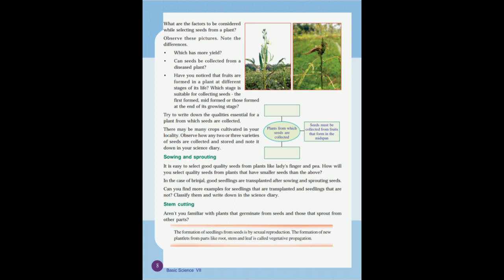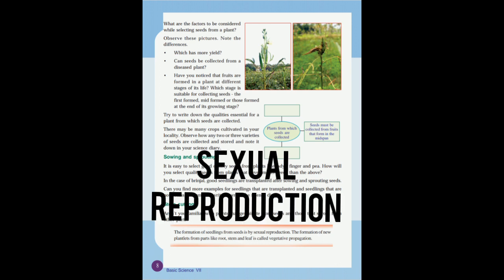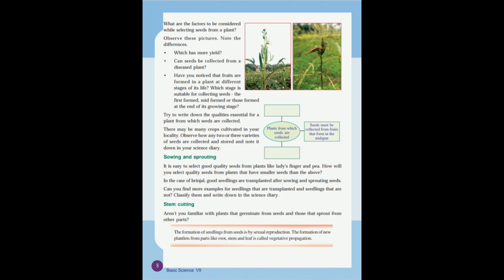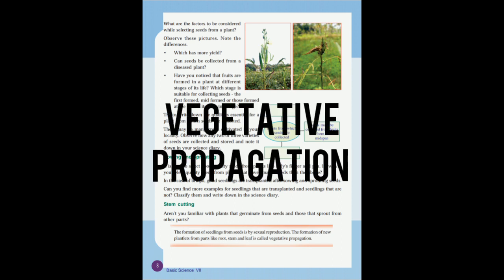When plants grow from seeds, that way of formation is known as sexual reproduction. And when new plants grow from parts like root, stem, leaf, it is known as vegetative propagation.